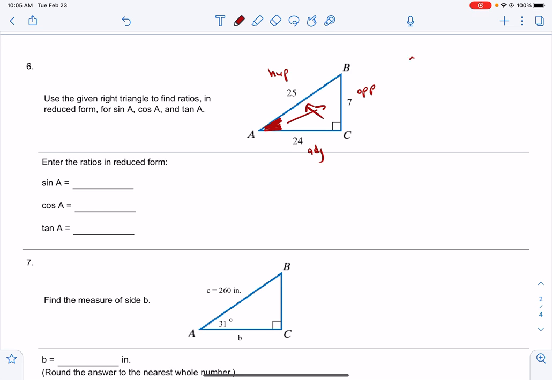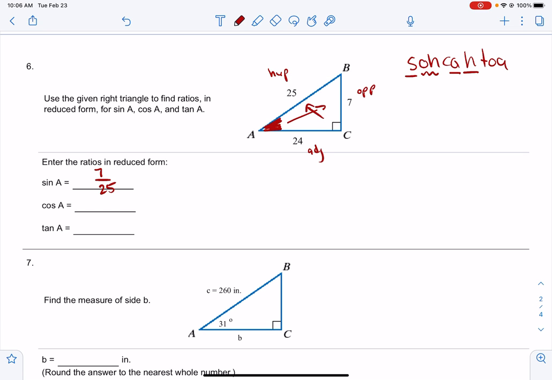Then I just need to remember Sohcahtoa. Okay. The sine of A, sine tells me to use O and H, which is the opposite over the hypotenuse. So 7 is going to go on top. 25 is going to go on the bottom. Cosine tells me to use the adjacent and the hypotenuse.